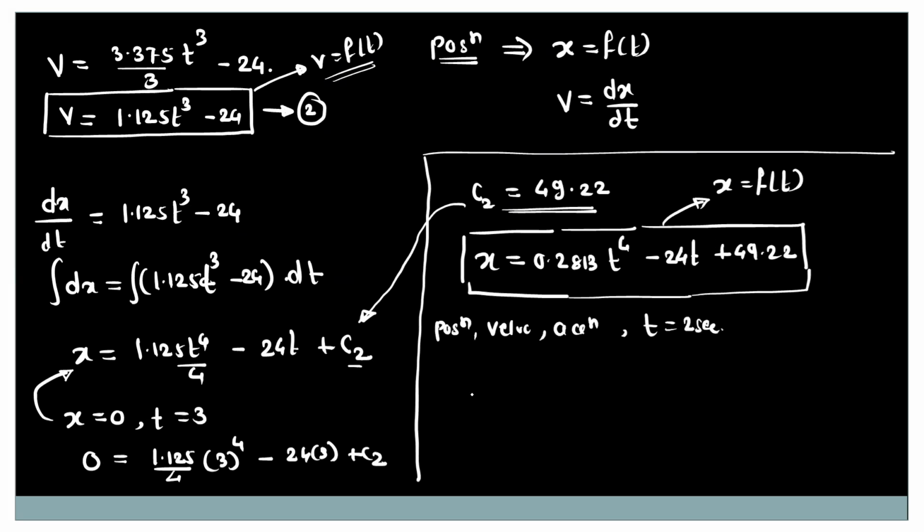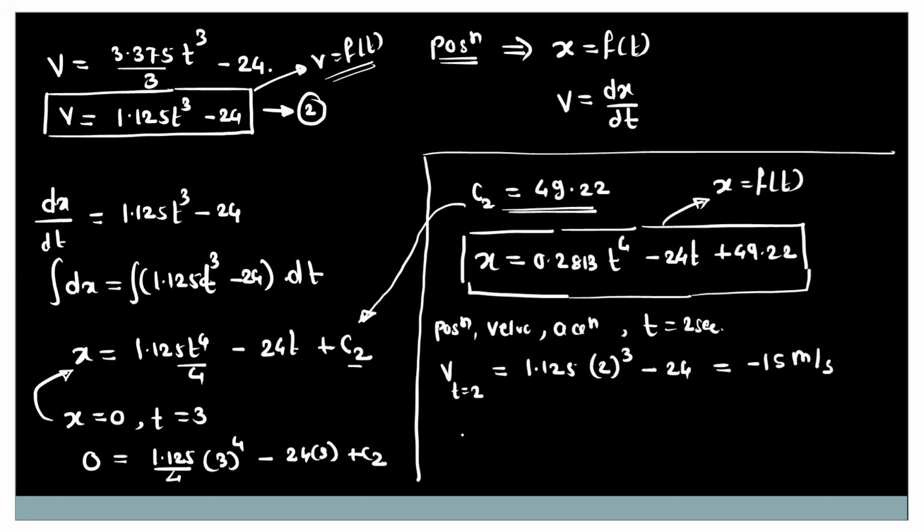So refer the equation for acceleration, velocity, and the position, and put the value t is equal to 2 seconds. So now here we have two equations. One is velocity. So we can find out velocity when time t is equal to 2 seconds. That is equal to 1.125. Put the value t is equal to 2. So this is 2 cube minus 24, and that is equal to minus 15 meter per second.